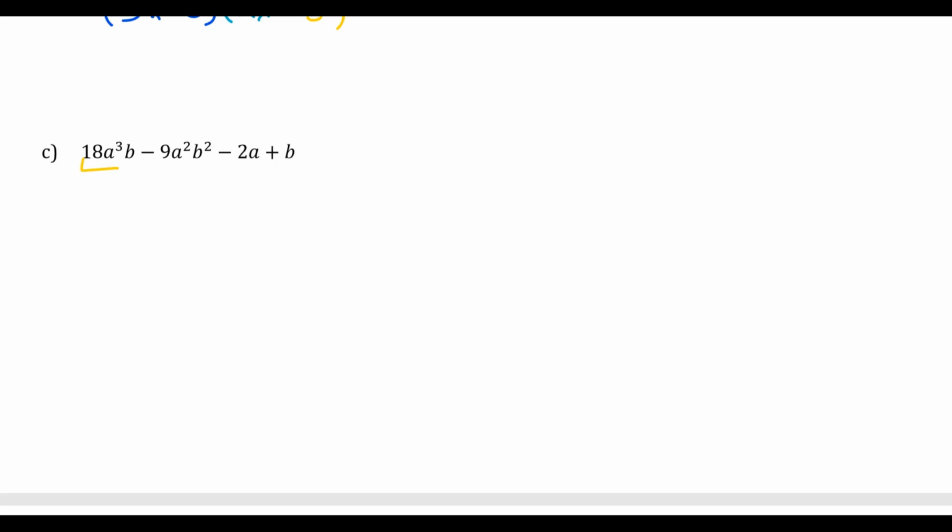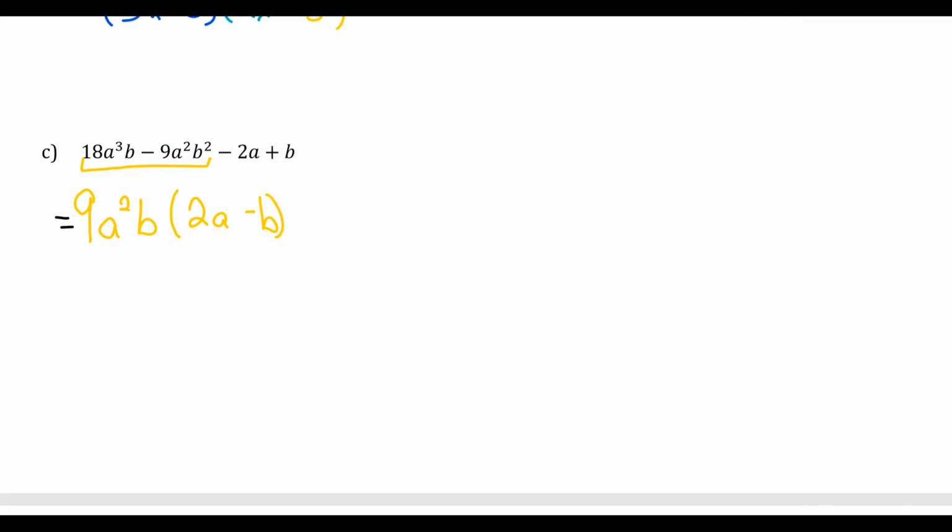So I'm going to look at my first two terms, 18a to the third b minus 9a squared b squared. For the coefficients, the 18 and the 9, I can factor out a 9. The a to the third and a squared, I can take out an a squared. The b and the b squared, I can take out a b, leaving me with 2a minus b.